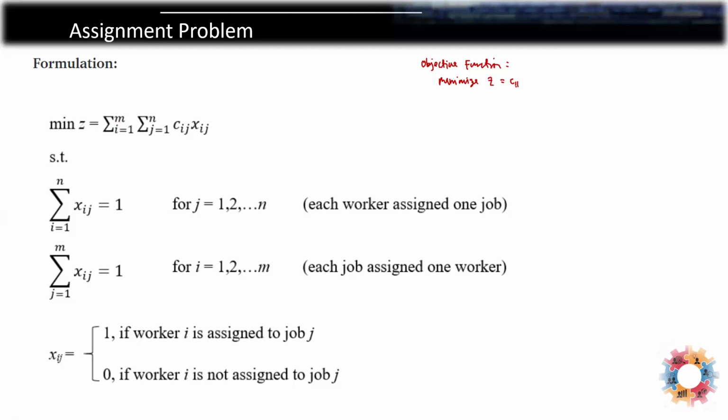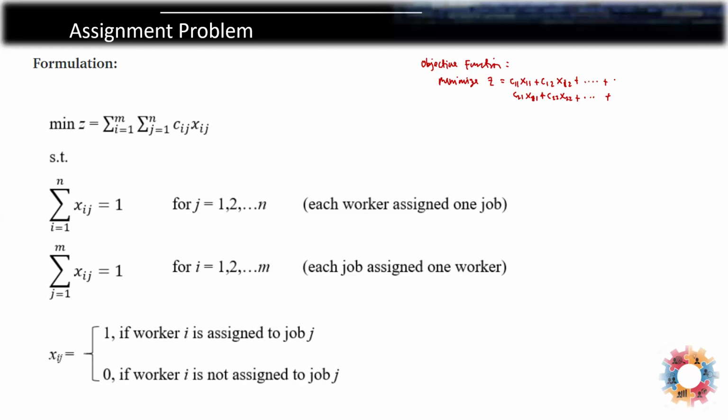That means the cost of assigning worker 1 to job 1, times X sub 1,1, plus C sub 1,2, so the cost of assigning worker 1 to job 2 times X sub 1,2, plus, and so on and so forth. Plus C sub 2,1 X sub 2,1 plus C sub 2,2 X sub 2,2 plus, and so on and so forth.